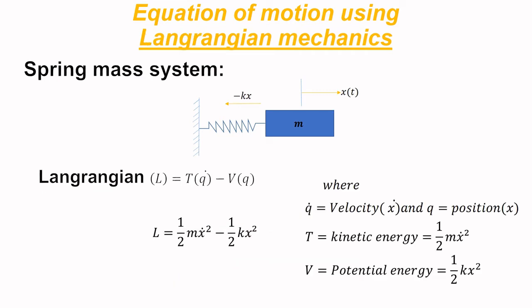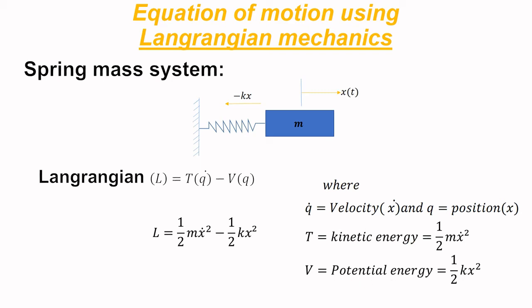Now if I use Lagrangian mechanics to write the equation of motion for our spring mass system, this is our whole system, and the formula for the Lagrangian is written as T minus V, where T is the kinetic energy and V is the potential energy.